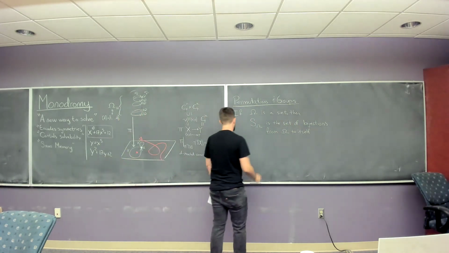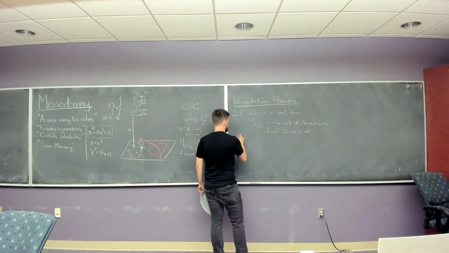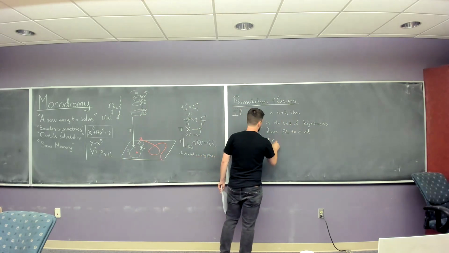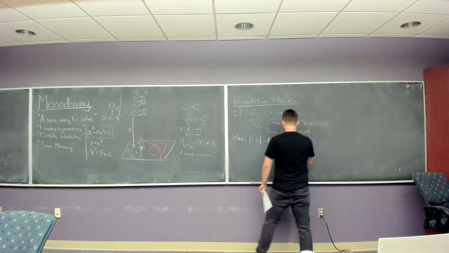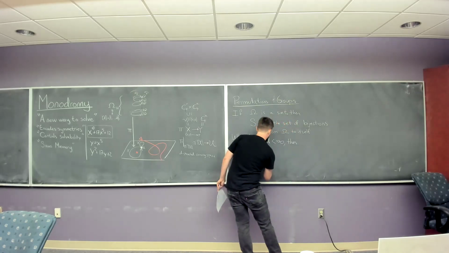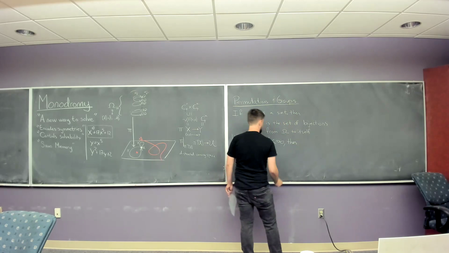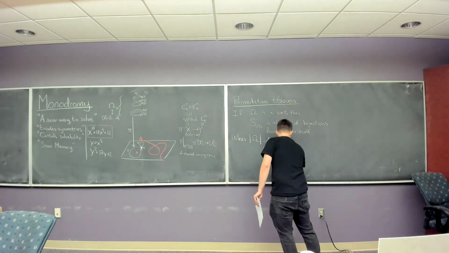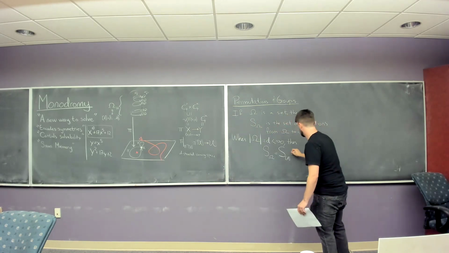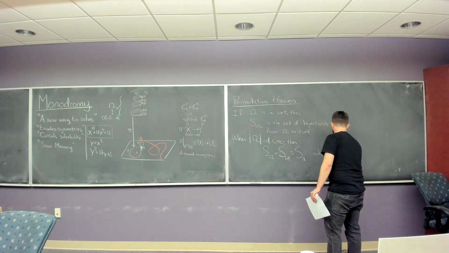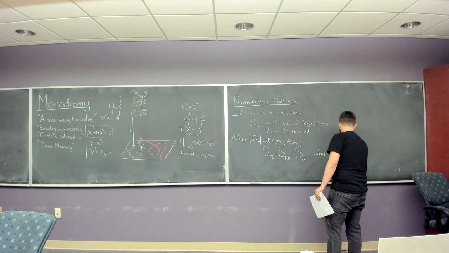So in this class, when we have a finite set, which we will, we will often identify the set of bijections on omega with the set of bijections on the first D natural numbers.